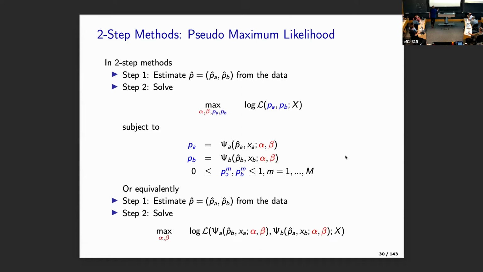Okay, again, you go out and estimate the CCPs. Well, they're not that conditional here. It's just scalars, the investment probabilities. And then instead of using the solution for the Bayesian-Nash equilibrium as an implicit function of the parameters inside the likelihood function, you make a pseudo likelihood where you just fix those conditional choice probabilities in the Bayesian-Nash equilibrium equations, and then you search over the structural parameters using those choice probabilities.